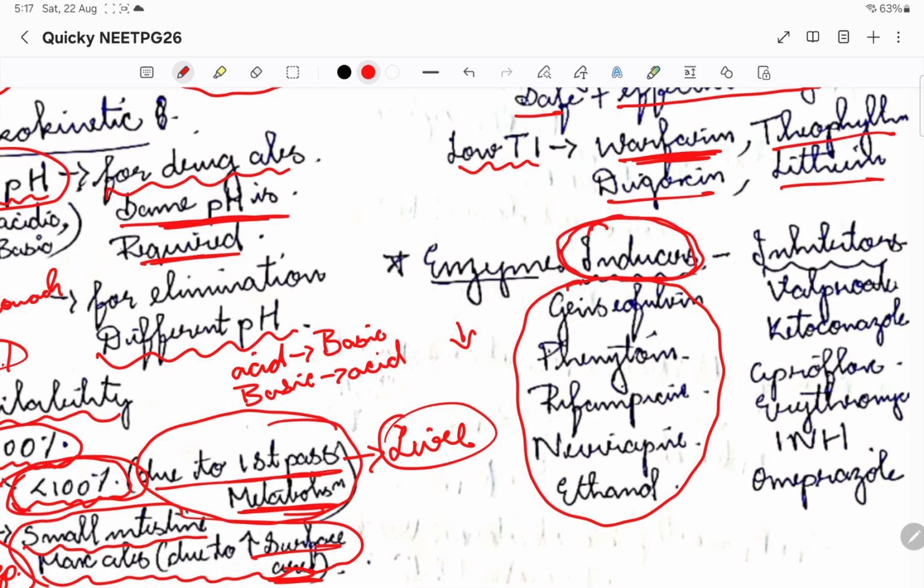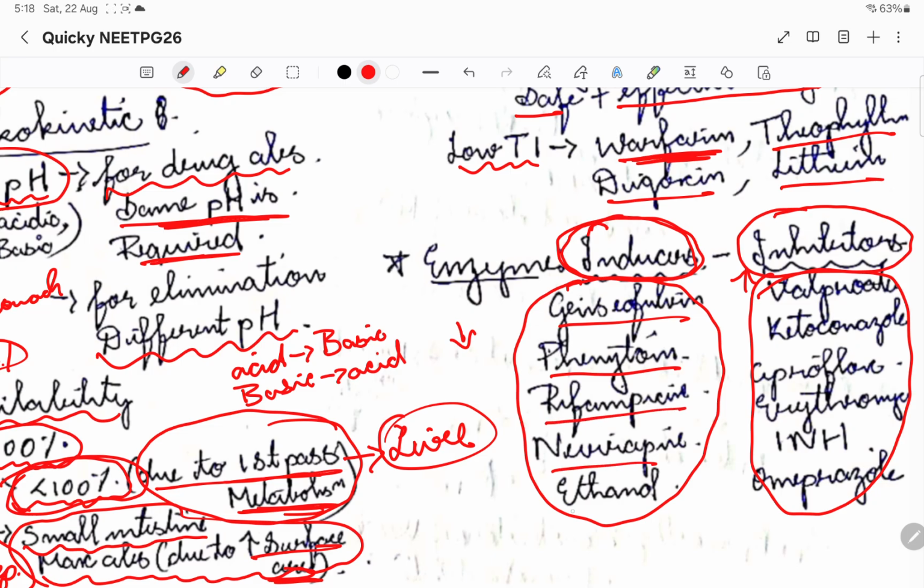Whereas inhibitors inhibit the activity of that particular drug's breakdown. Examples of inducers are griseofulvin, phenytoin, rifampicin, nevirapine, and ethanol, which reduce the activity of the drug by inducing its elimination. Inhibitors increase the activity of the drug by inhibiting its elimination. The best examples are valproate, ketoconazole, ciprofloxacin, erythromycin, isoniazid, and omeprazole.